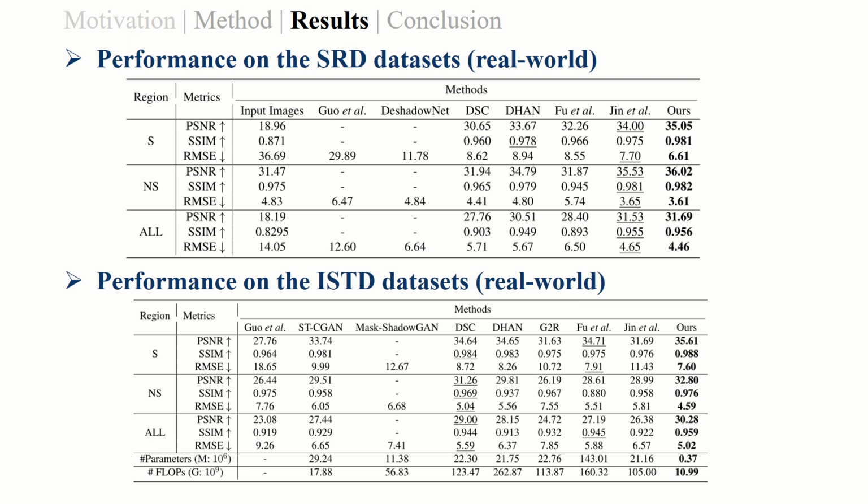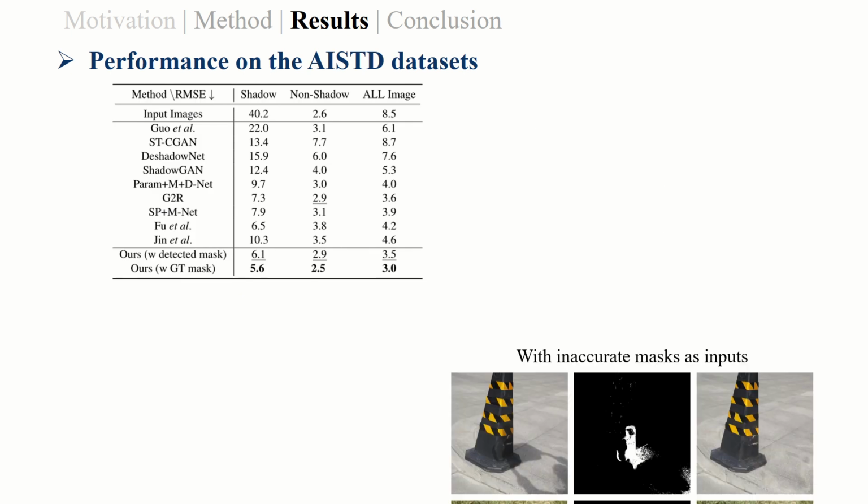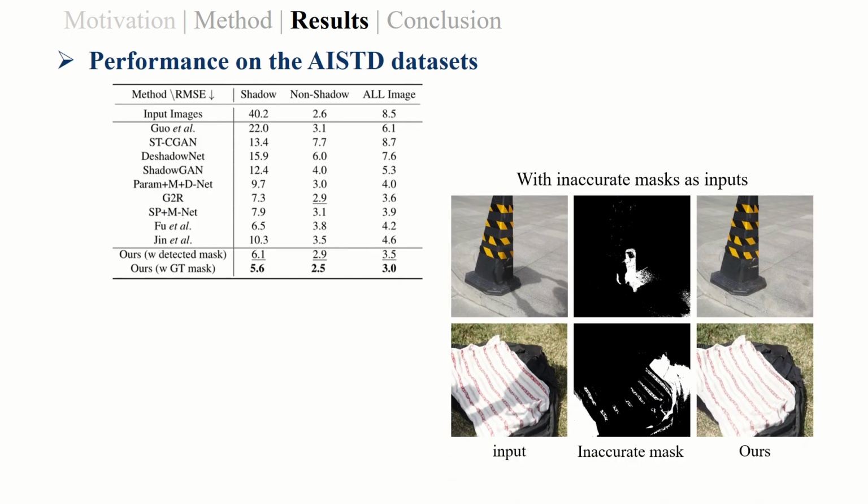On the AISTD dataset, we verify that, using the detected mask, our method shows a slight decrease in deshadowing performance, and our method could robustly remove these shadows with inaccurate masks as condition inputs, as shown in the above figure.